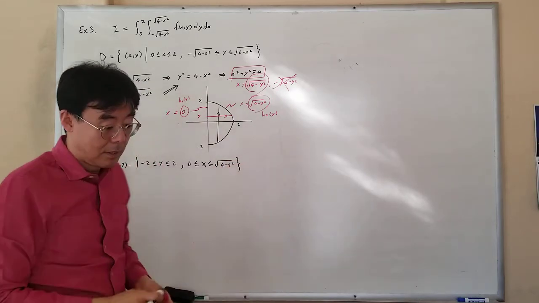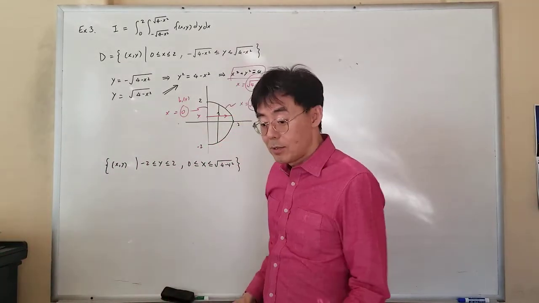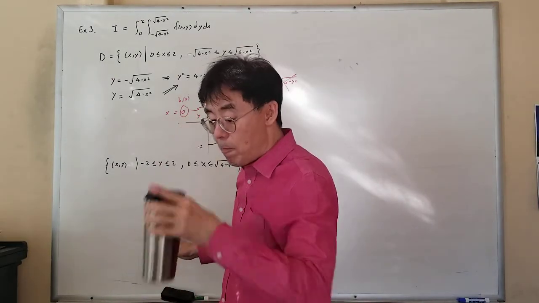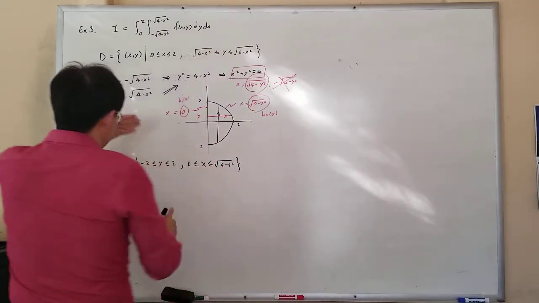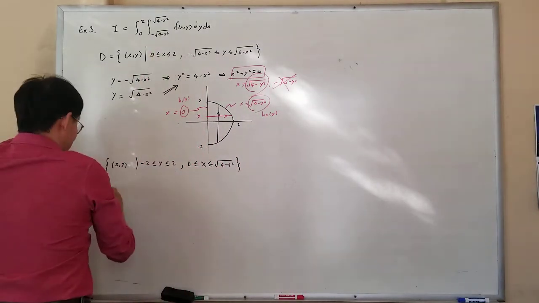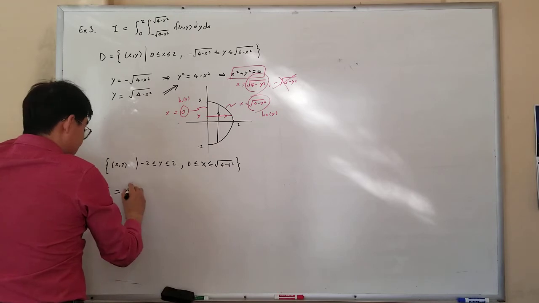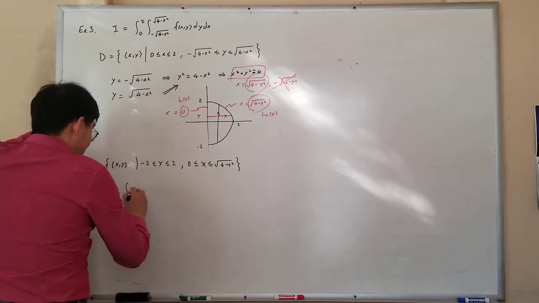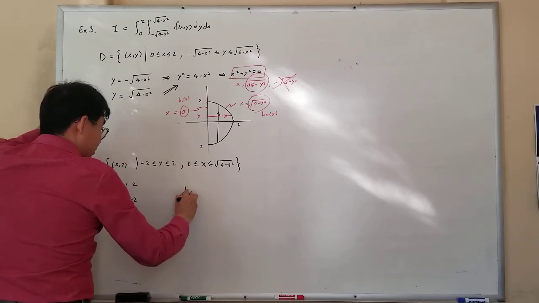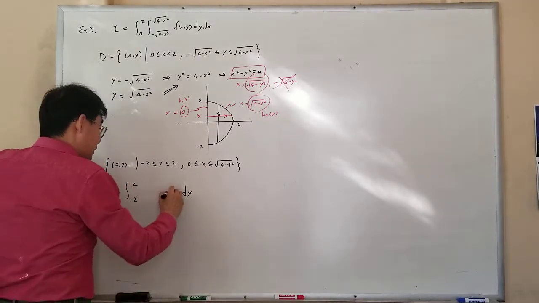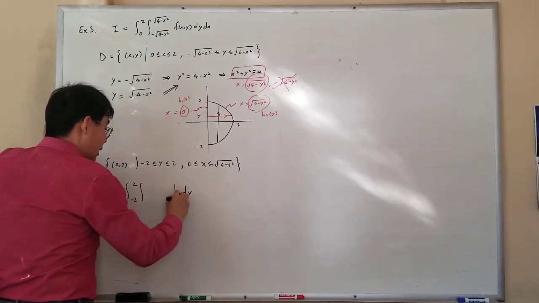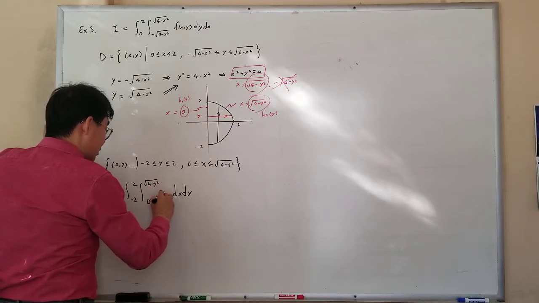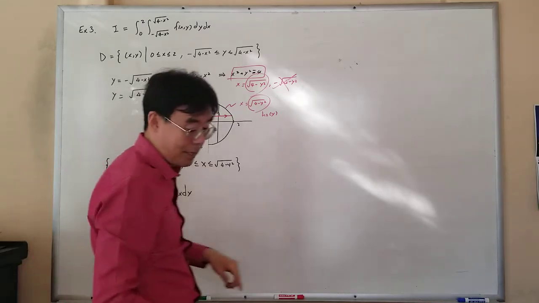So once you analyze the domain as type 2, you can just translate it into an iterated integral. This can be written as y runs from negative 2 to 2, and then x runs from 0 to square root of 4 minus y squared, of f of x, y.